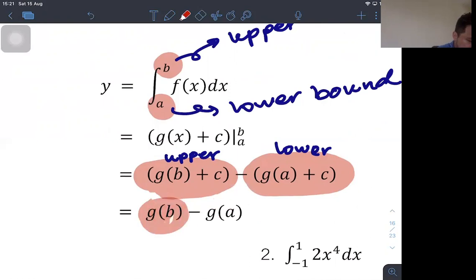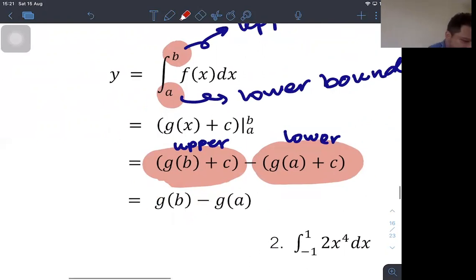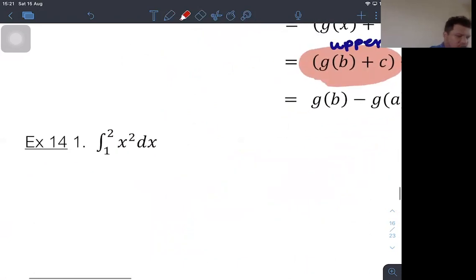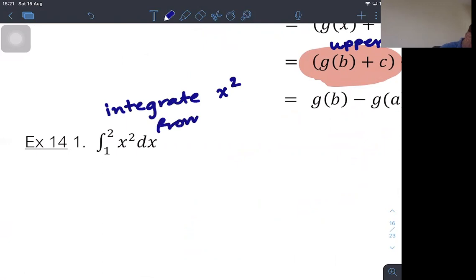Okay, so let's have a look at an example. It's easier for you to look at the example for this. So here we have the integral of x squared from x equals 1 to x equals 2.